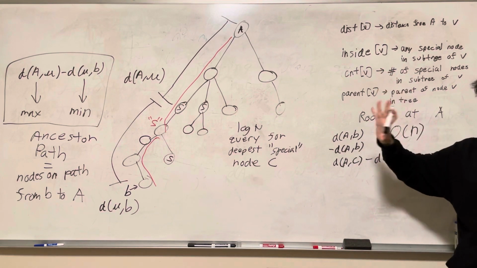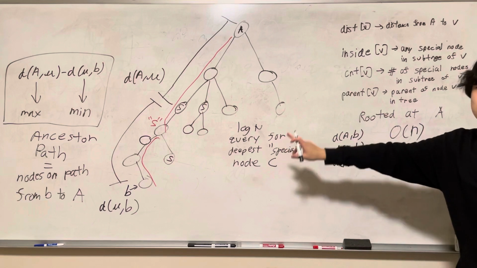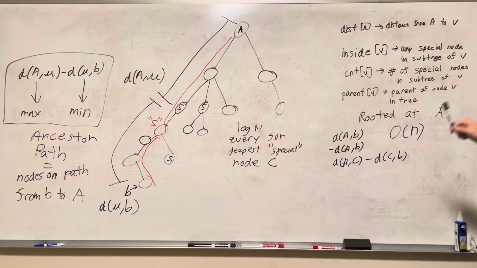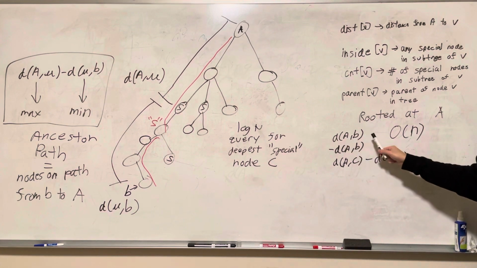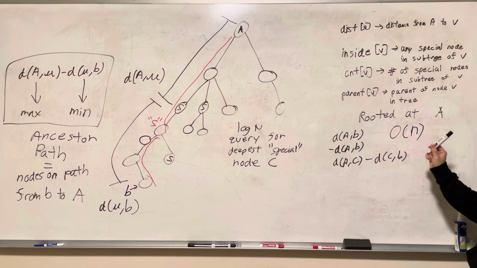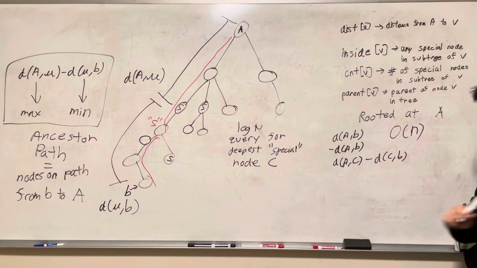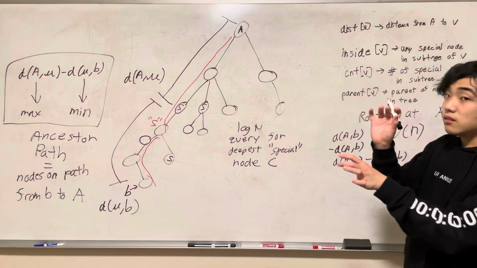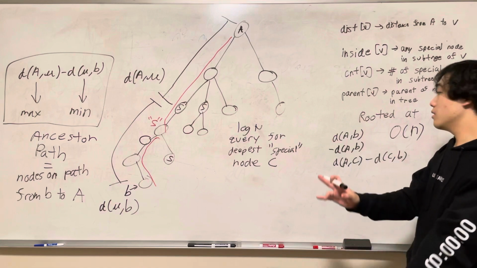Because we know that normally when you query distances between a pair of nodes in a tree, you need to use binary lifting with lowest common ancestor. But in this case, because we know that A is always an ancestor of B, A is always an ancestor of C, and C is always an ancestor of B, we don't need to use LCA because we already know that these distances fall in a linear fashion.